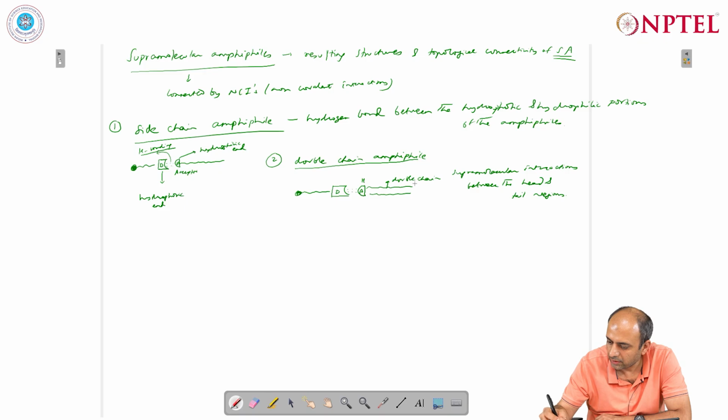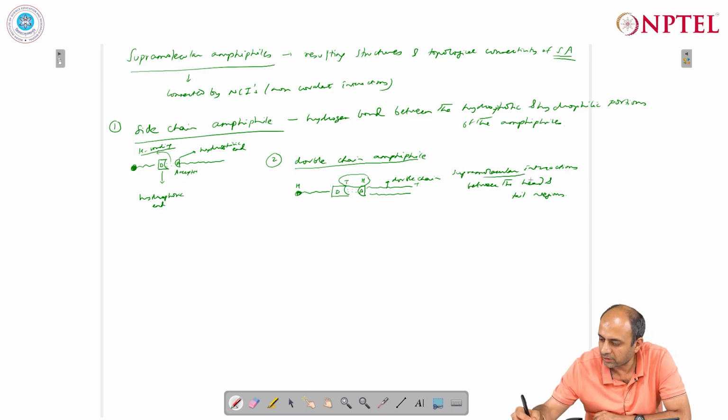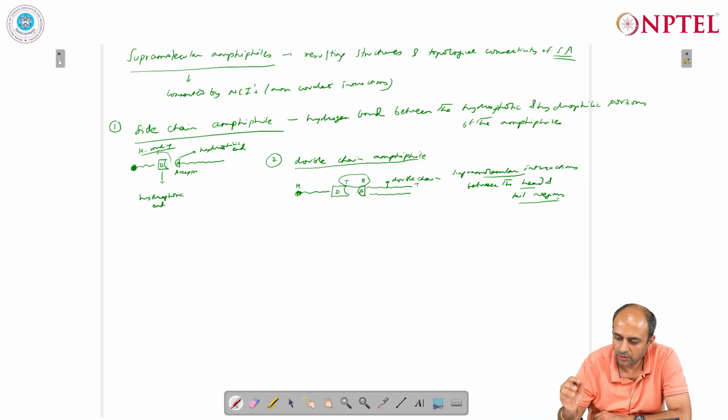So, this is the head, this is the tail, this is the tail, this is the head. So, there exist now supramolecular interactions between the head and the tail regions of the amphiphiles.